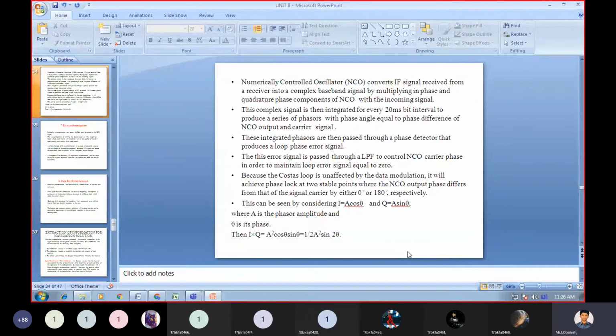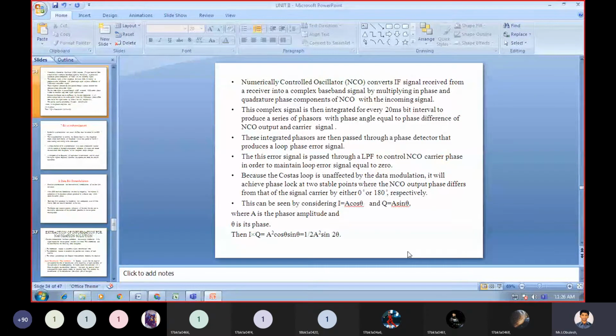So in that block diagram we have the numerically controlled oscillator, which converts the IF signal received from the receiver into a complex baseband signal by multiplying with the in phase and quadrature phase components.